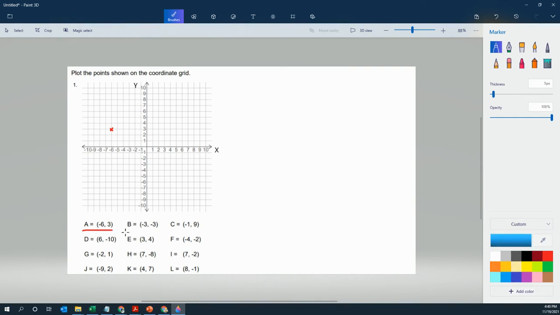If you wanted to graph E, you would go over 3 along the x and up 4. So that would be here. If you wanted to graph I, would be over 7 and then down 2.